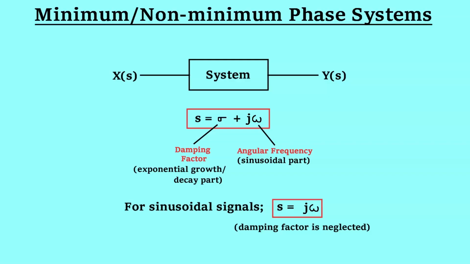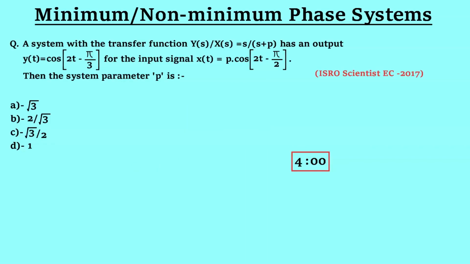The response which we get by placing s equal to j omega is referred to as frequency response. This is a broad topic in itself, consisting of the Nyquist plot, Bode plot, etc., which we will cover in the later part of this series. In frequency response, we mostly ignore the damping factor. Now, try to solve a question in 4 minutes.